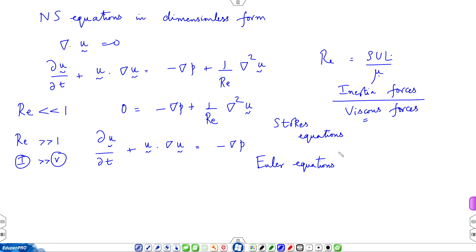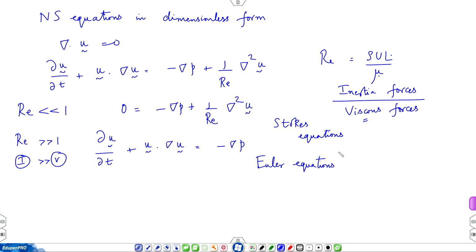Stokes equations, do they look linear? They are coupled, but they look linear. You do not have the product of the dependent variable such as u with itself. So, Stokes equations are indeed linear, but the Euler equations are not linear.